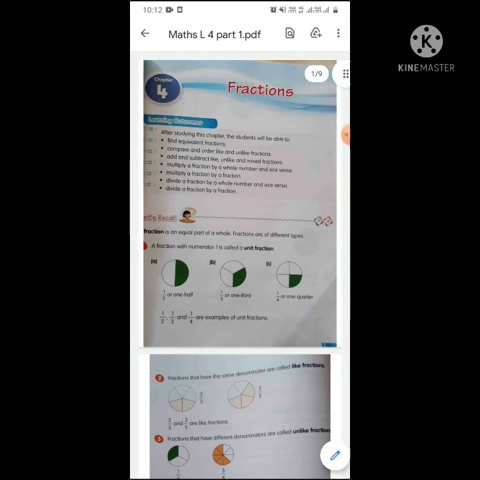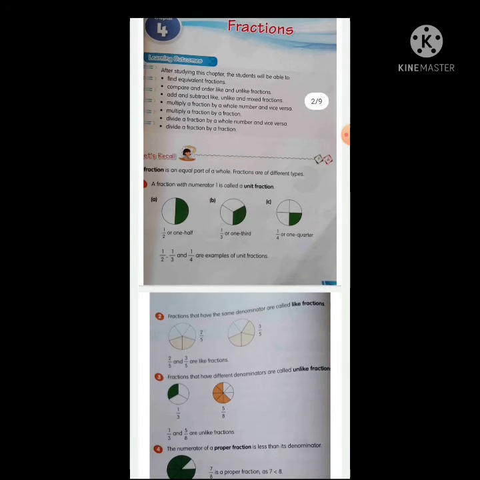What is a unit fraction? A fraction with the number 1 is called a unit fraction, means a fraction with the numerator 1. If the numerator is 1, that is called a unit fraction. See, the second point: fractions that have the same denominators are called like fractions.